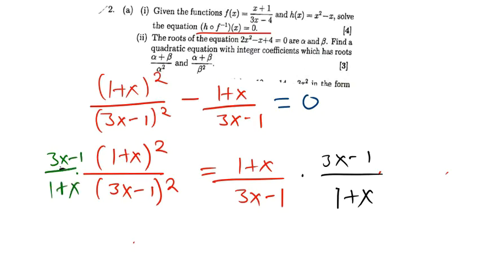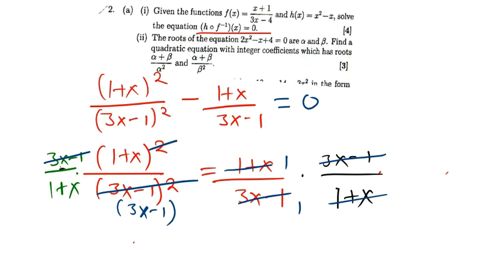So this and that will divide, this and that will divide, so you have 1, 1, and then this one and this one will divide, you remain with just 1, and the power reduces equally there. You remain with 1 plus x over 3x minus 1, and then this is equal to 1, and then again you know where we are now.